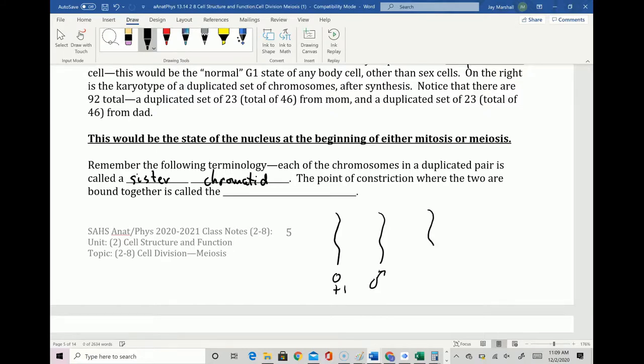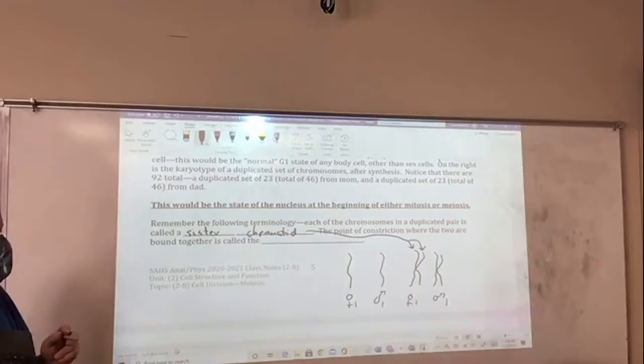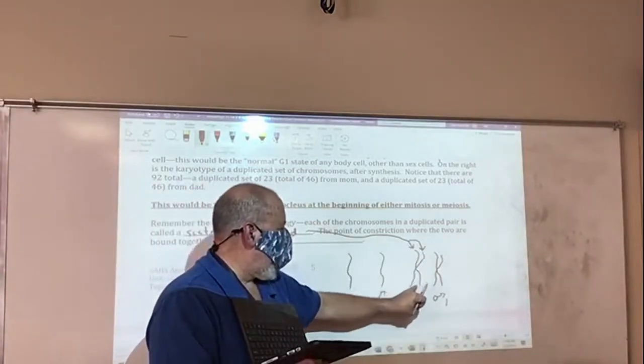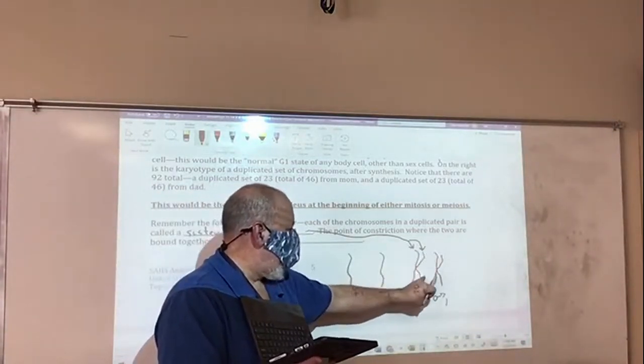In the duplicated state, this might be mom's chromosome 1 and dad's chromosome 1. But now each one of these things is called a sister chromatid, right? Okay, so each one of these things is a sister chromatid, and this thing on the left is a chromosome, and this thing on the right is a chromosome.